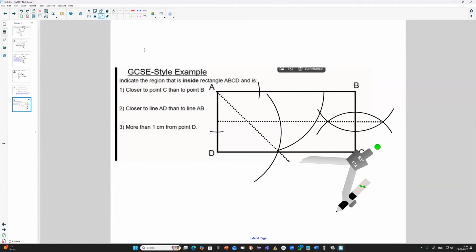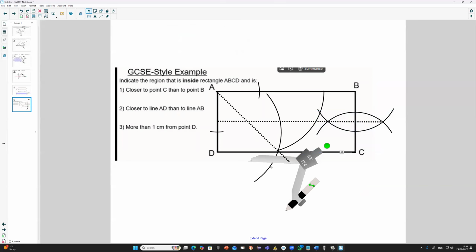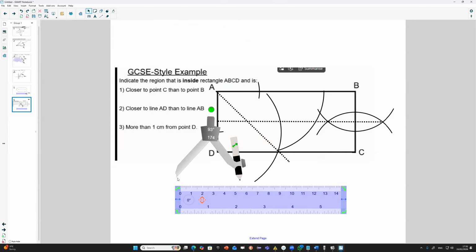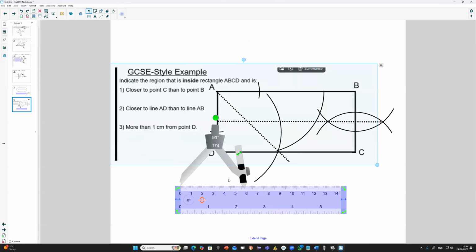So if I open up my compass, I'll get my ruler. So we want this at 1 centimeter. Again, this is an absolutely terrible device, and also it's going to be very small because that is just how I got it. 1 centimeter is there.